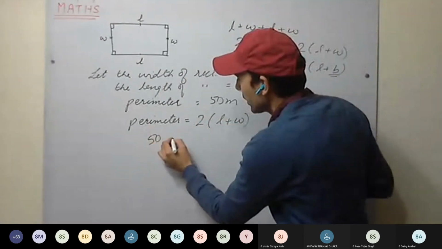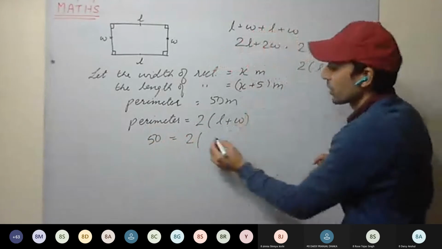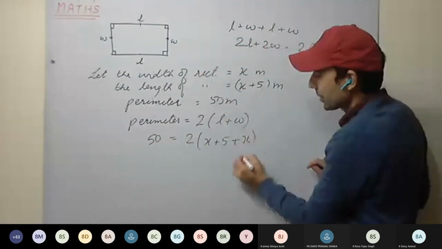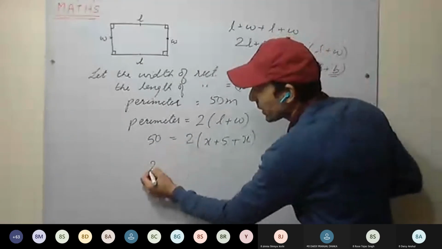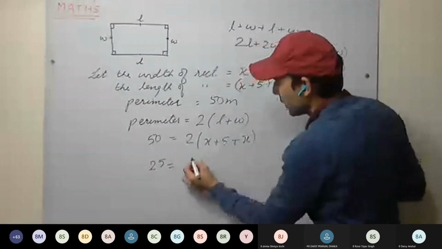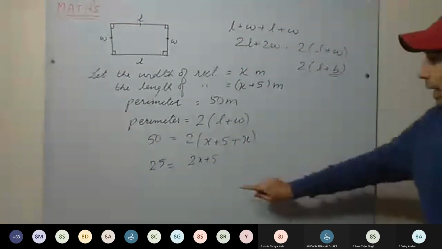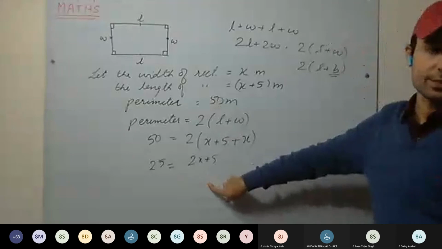So perimeter is 50 equal to 2 into length, which is x plus 5, plus x. So 2 goes on that side, it will be 25 equals 2x plus 5. Further you can solve. X comes out to be 10 meters.